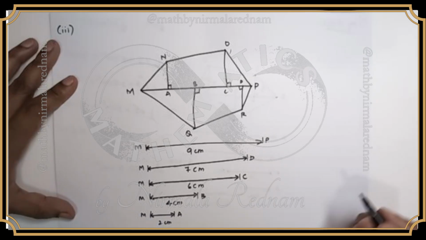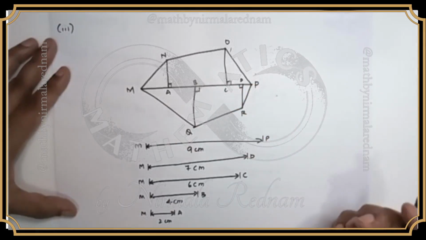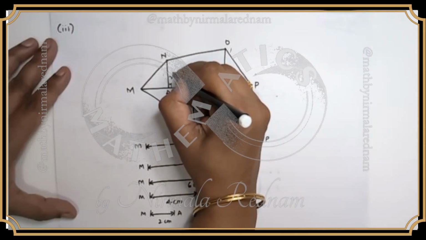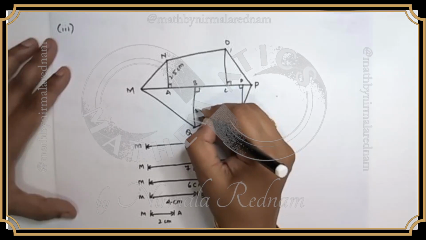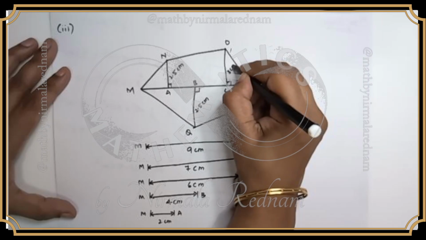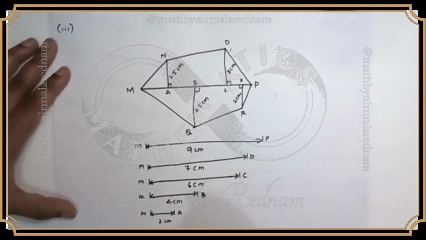Right? So these are the different lengths given to us. They have also given the heights 2.5. This is also 2.5, 3, 2. Okay.